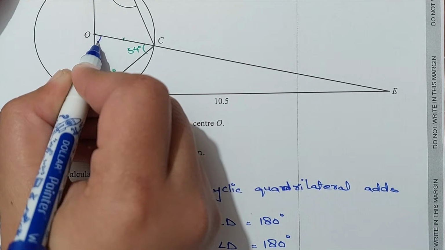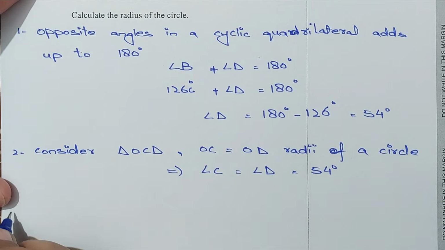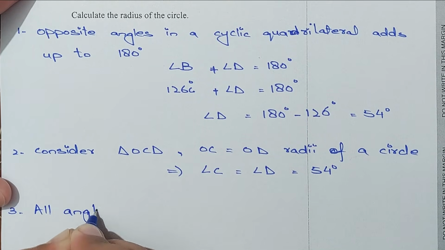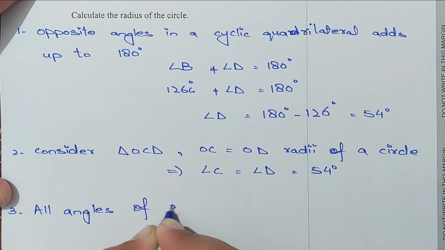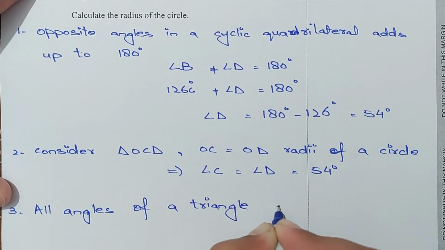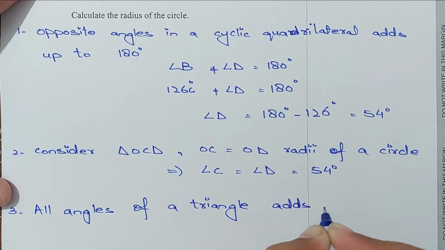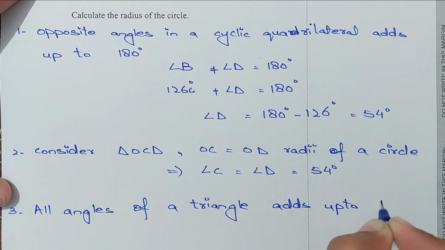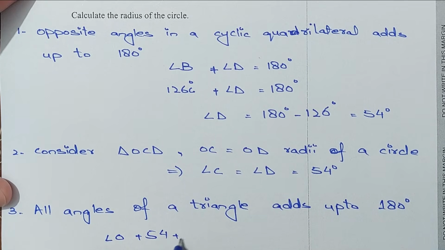So what is this third angle? All angles of a triangle add up to 180 degrees. So we can say angle O plus 54 plus 54 equals 180.